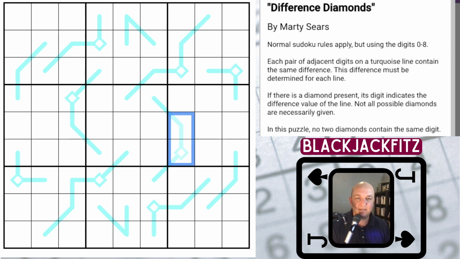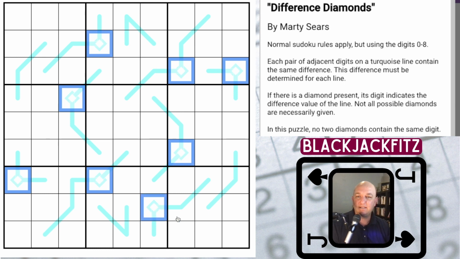That's what that means. And then in this puzzle, no two diamonds contain the same digit, which is an important rule that I missed the first time I did the intro for this video. So you guys are getting the full rules here. What that means is that each of these different diamonds contains a different digit from 0 to 8. That's all the rules.